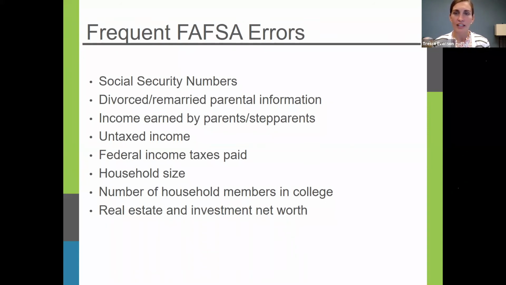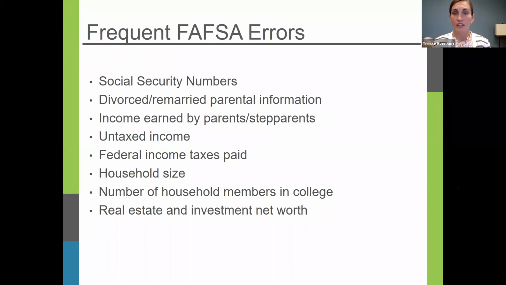And then household size. Household size is the people that live in that household and are supported by that income. So if you have one or two parents, you have the student, and then you have other siblings, step-siblings, sometimes grandparents, other people that live in that household and are supported by the income.